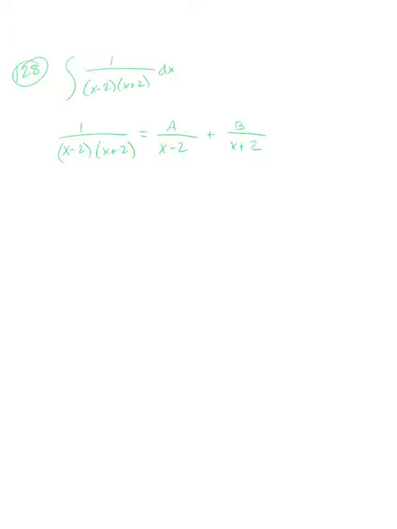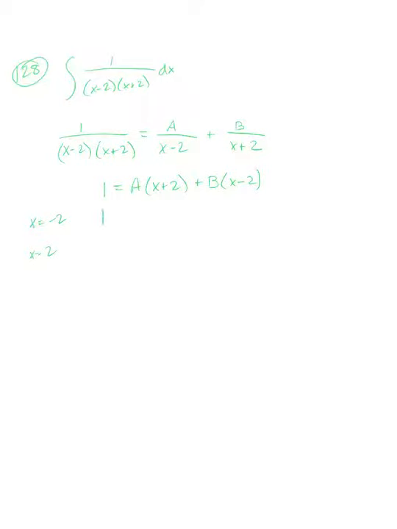Multiply both sides by the common denominator, and on the left everything cancels and you get 1. On the right, we have a times x plus 2 plus b times x minus 2. Choose some convenient x's like negative 2 and 2.